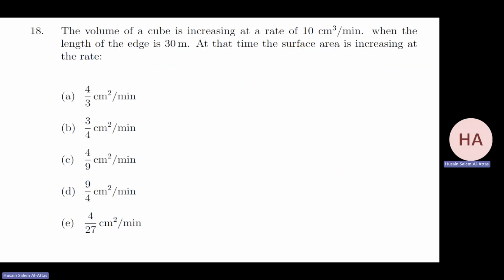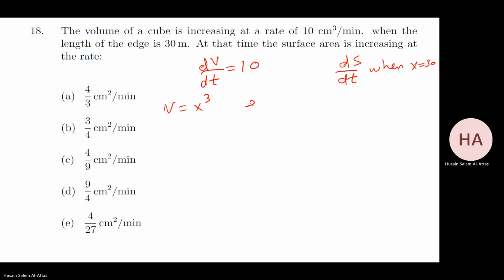The volume of the cube is increasing at this rate, okay? dv by dt equals 10. When the length of the side is 30, at that time, the surface area is increasing at what? You want ds by dt when x equals 30. I know the volume of the cube, x cubed, and I know the surface area of the cube is 6x squared.